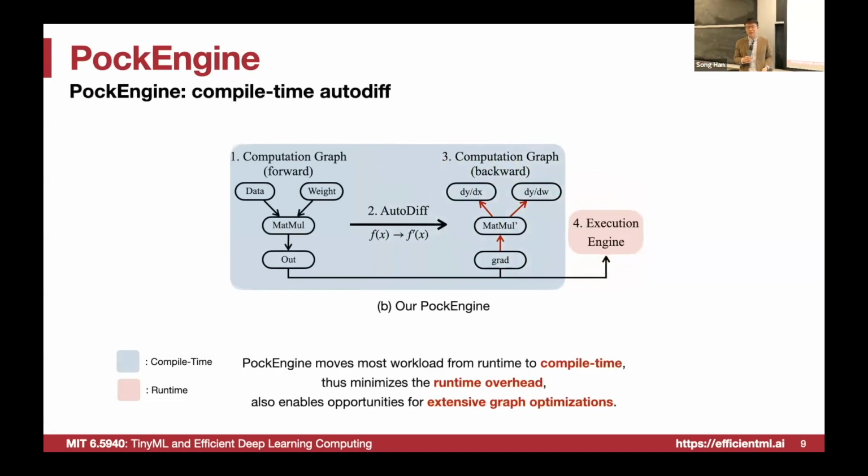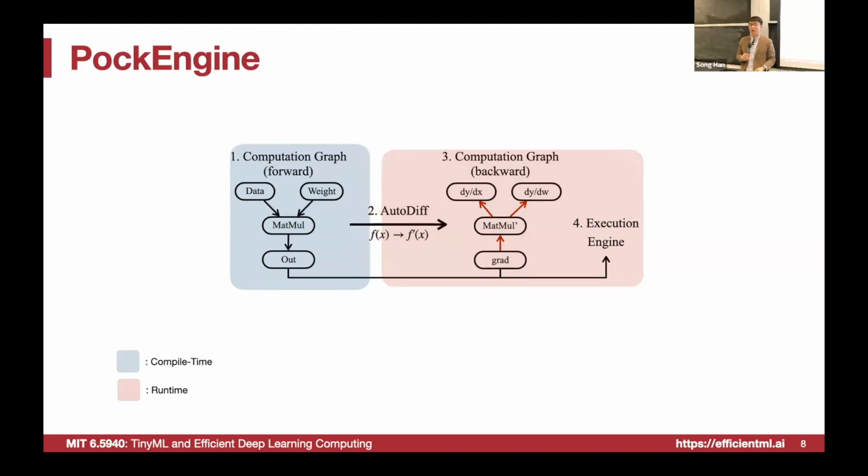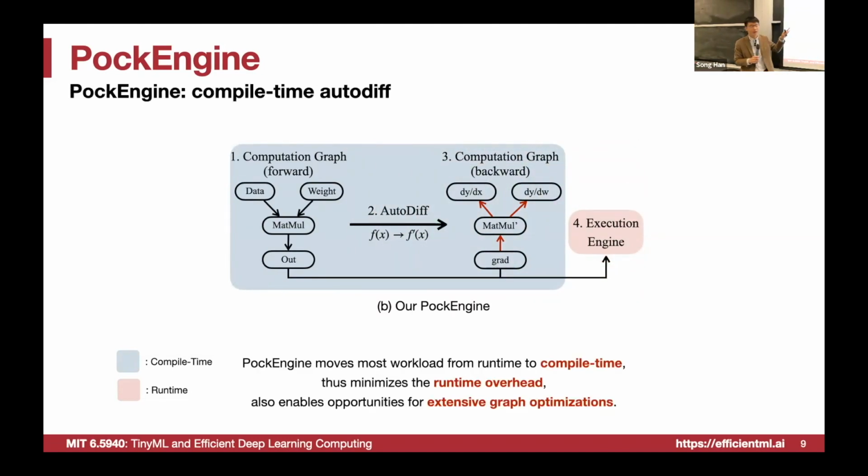So what we do here is to push the runtime into compile time. So rather than have very heavy runtime, we are pushing a lot of the compute actually to the compile time in blue part, including both the forward graph calculation and the backward graph calculation. In this way, we can try to minimize the runtime overhead for training. What is the other advantage?